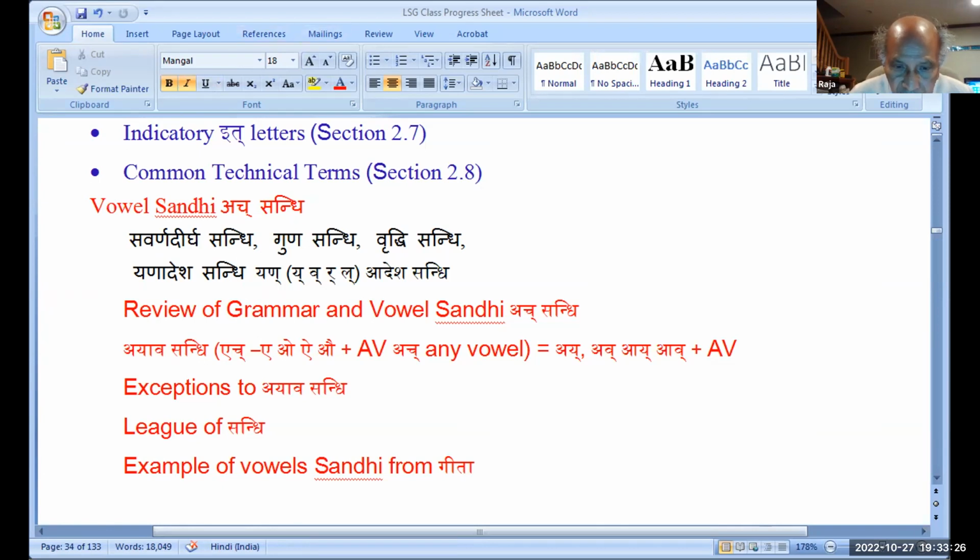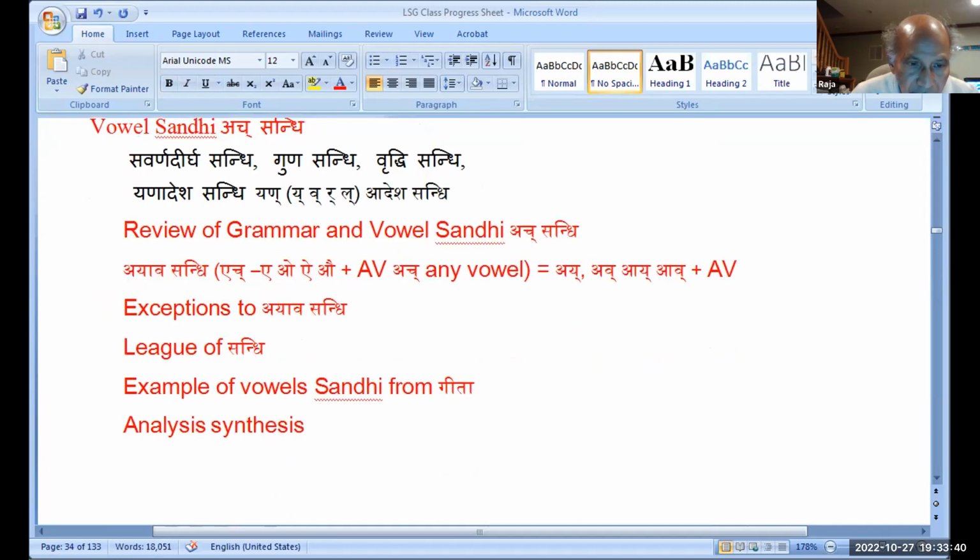We have what is called analysis and synthesis. Analysis is when you are given a compound and then identify the basic components in it.